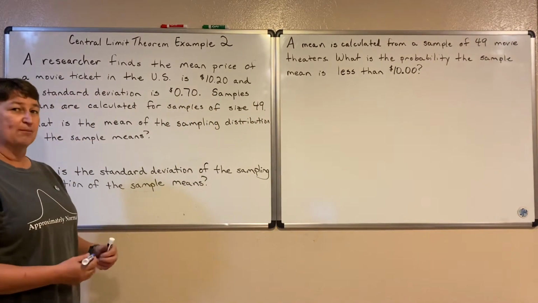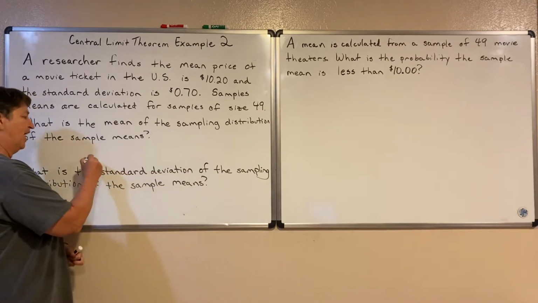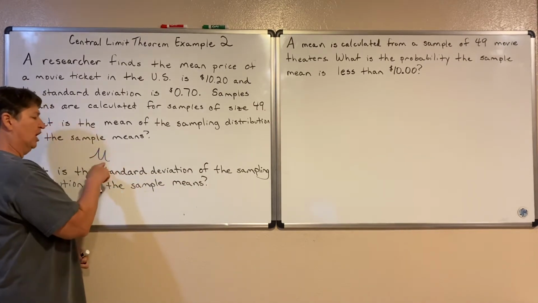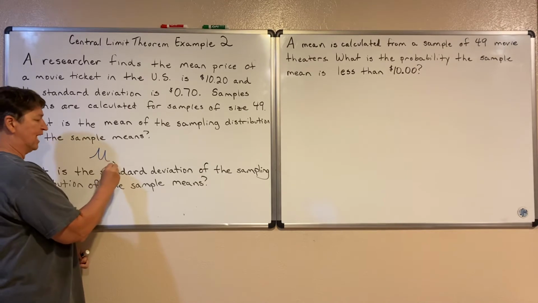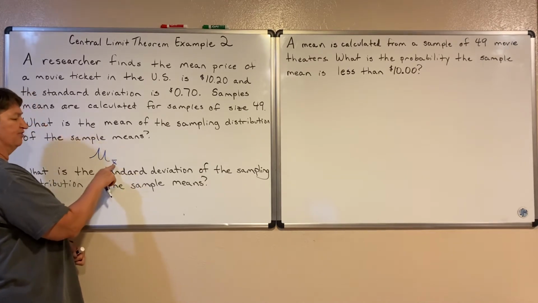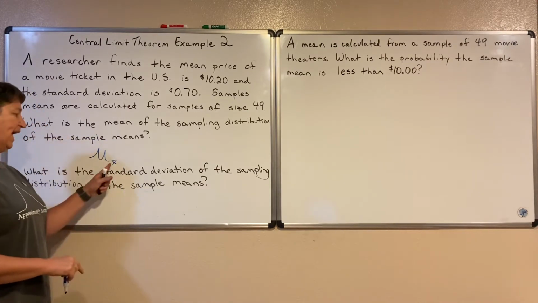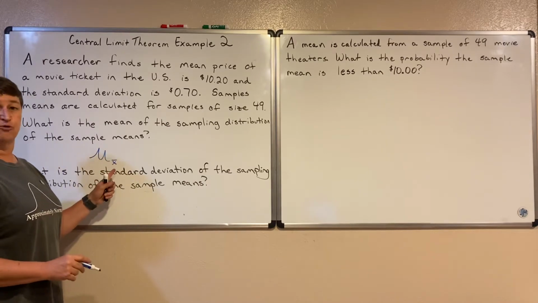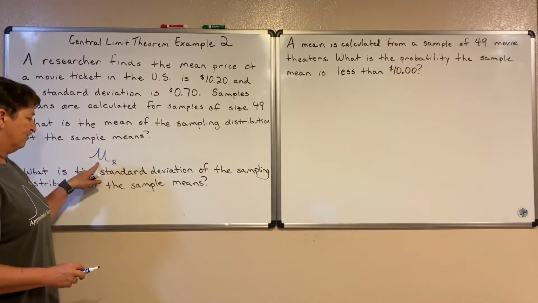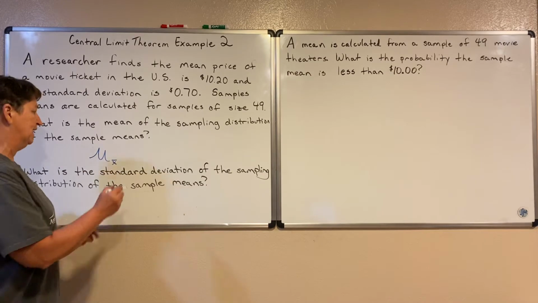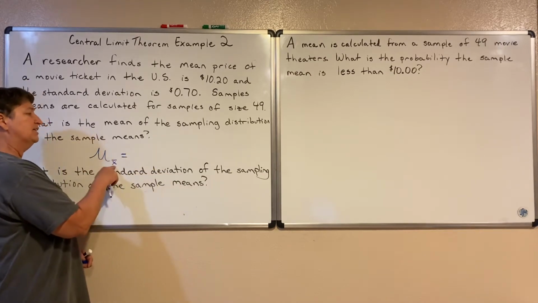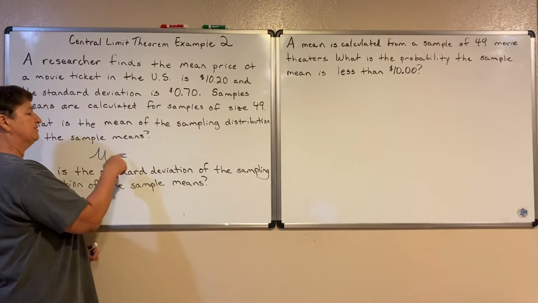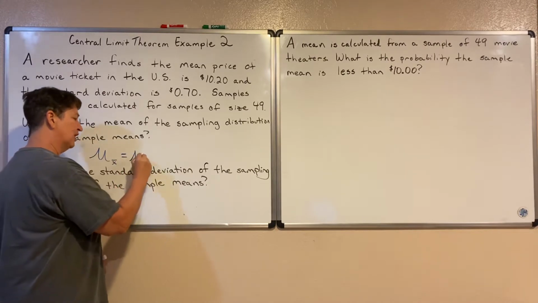Well, the central limit theorem tells us that the mean of our sampling distribution of sample means, remember that X bar is for the sample mean and the mu is for the mean, is equal to the population mean.